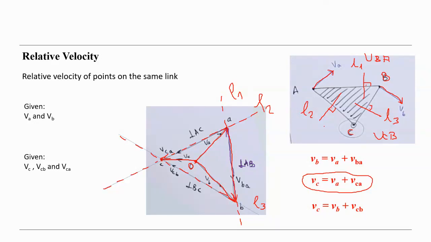We didn't know anything about C, neither direction nor magnitude, but for the points A and B the linear velocity was given, meaning the direction and magnitude. So using these givens, we are able to calculate the linear velocity of the point C.